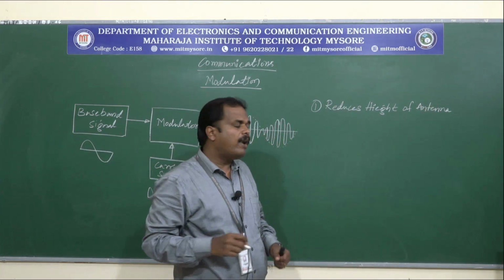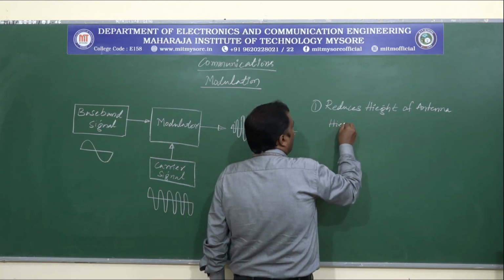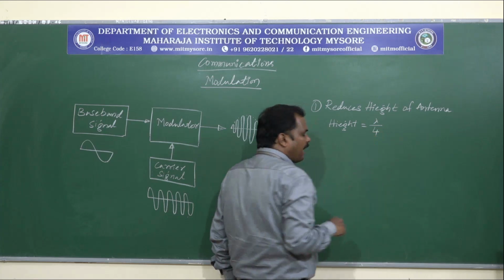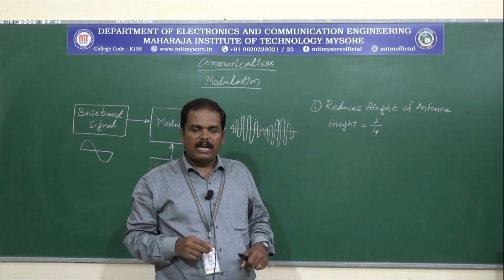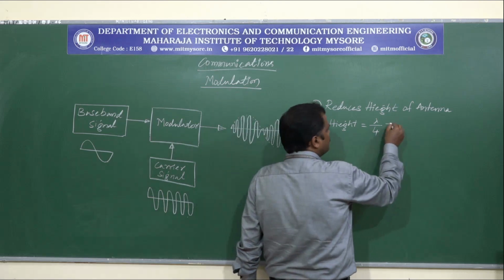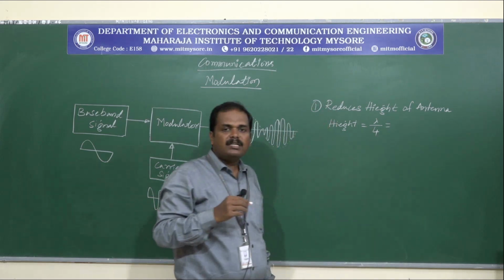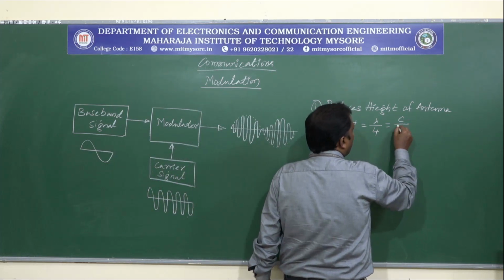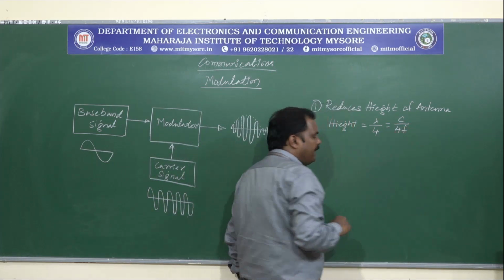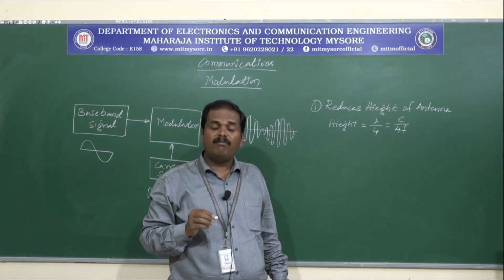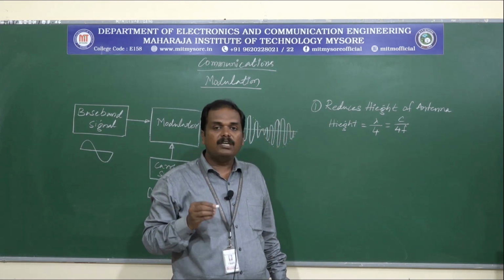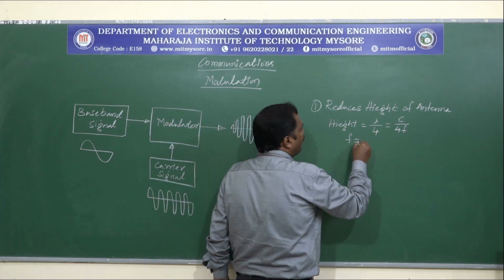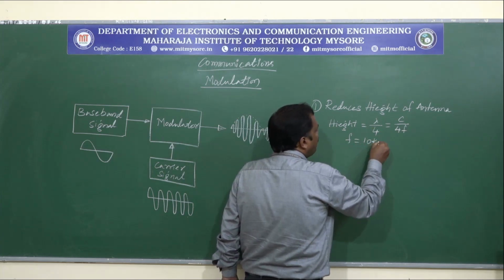Now the height of the antenna is related as lambda by 4, and lambda is the wavelength, which is given by C by F. So this can be written as C by 4F, where C is the velocity of light and F is the frequency of interest.